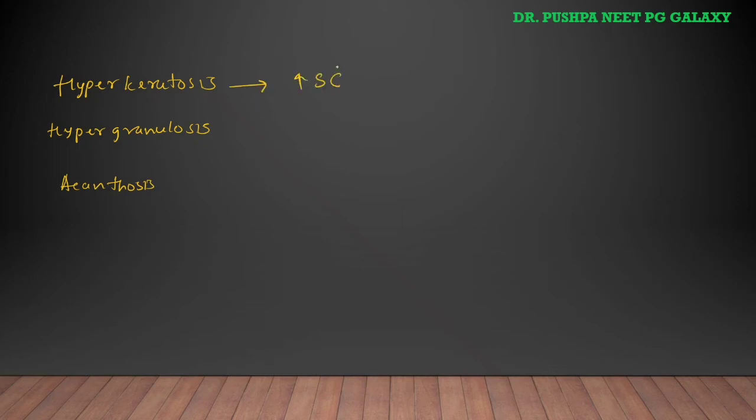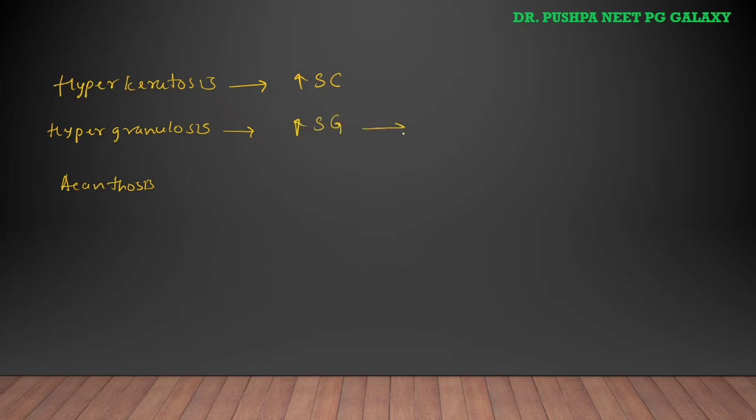There are few terminologies like hyperkeratosis, hypergranulosis, and acanthosis. Hyperkeratosis means there is thick stratum corneum because this layer has more keratin, whereas hypergranulosis means there is thick stratum granulosum.